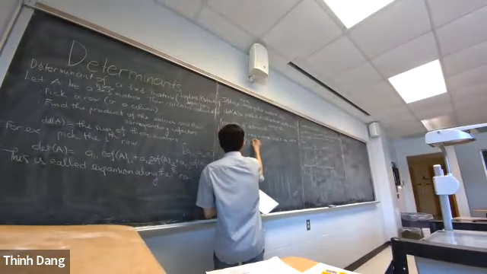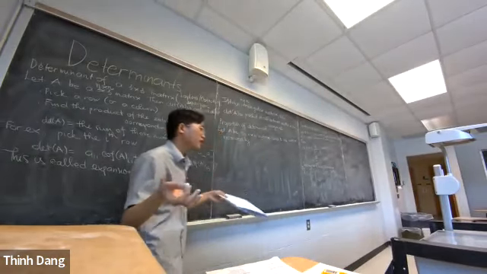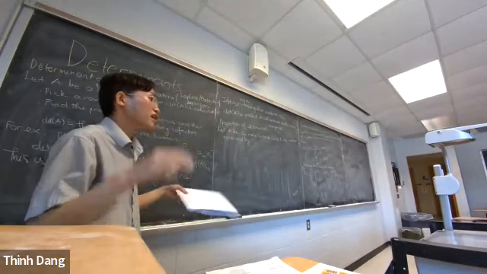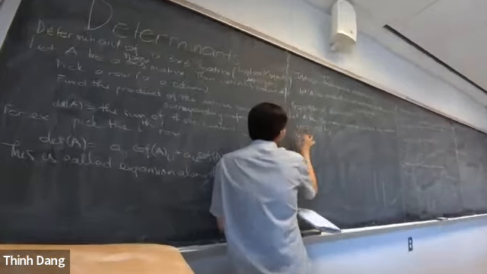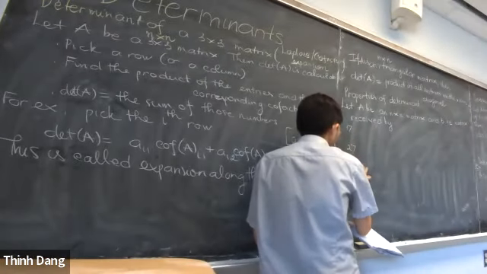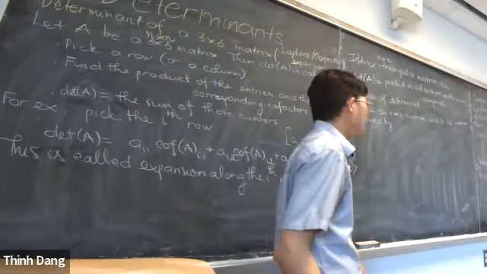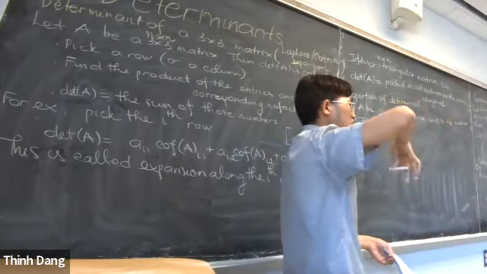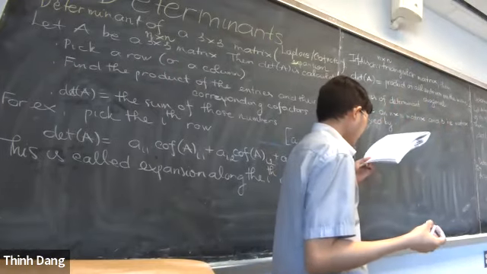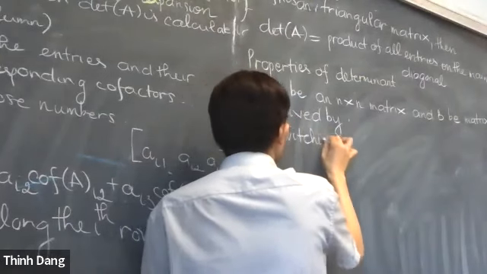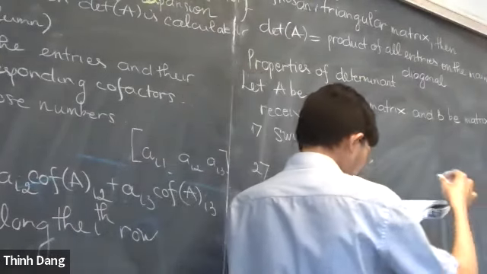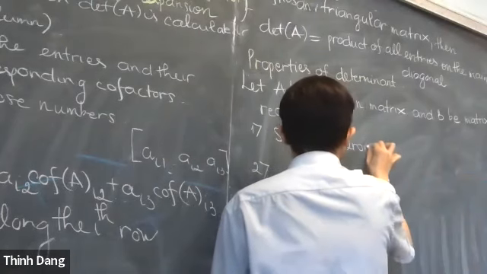There are three row operations in total, right? So we are actually having three properties over here. The first row operation, I just switch the rows in that matrix. So, switching two rows of A.